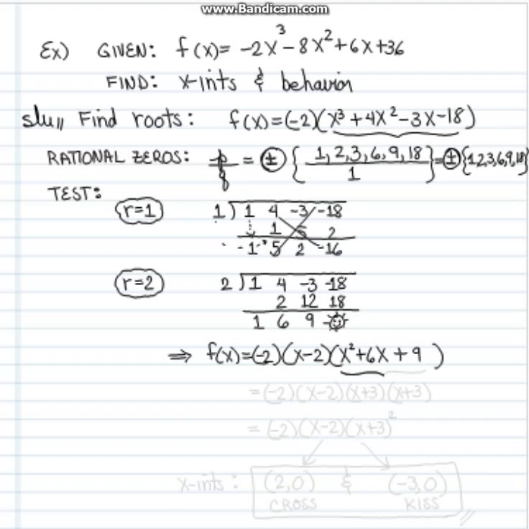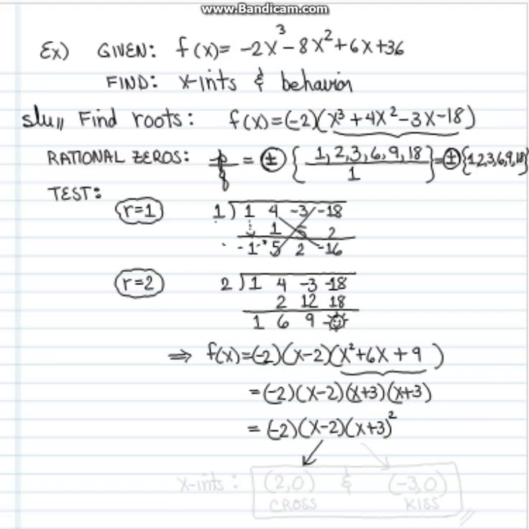Okay, so we need to just continue by factoring this, and we can do that by guessing. That equals negative 2 times x minus 2 times, factoring by guessing, x plus 3 times x plus 3. Good. Now let's go ahead and write our answer in factored form with exponents if possible, which is possible in this example because we have 2 factors of x plus 3.